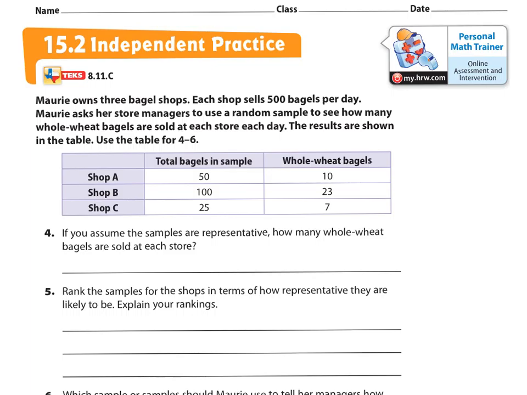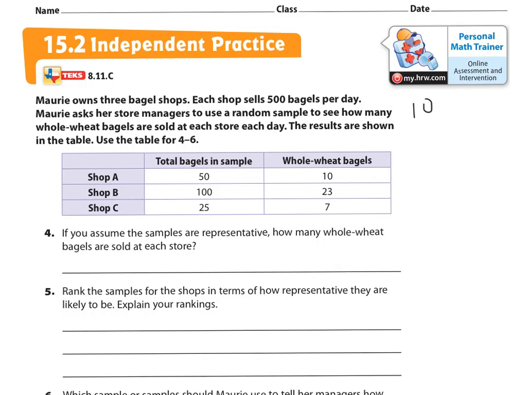Number 4 says, if you assume the samples are representative, how many whole wheat bagels are sold at each store? What we're going to have to do in each one of these is set up a proportion to solve it. So, take shop A, 50 bagels in the sample, and 10 that were purchased for whole wheat.